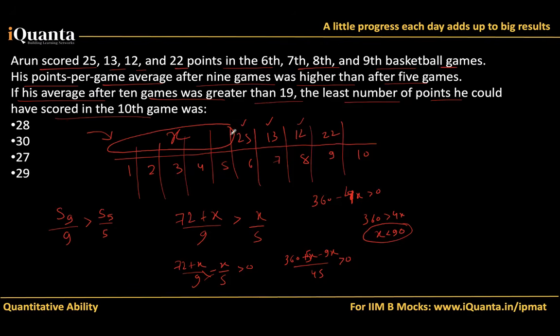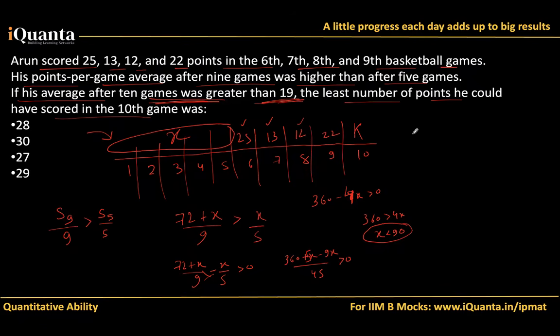We have to find out, if his average after 10 games was greater than 19, the least number of points he could have scored in the 10th game. Let's say in the 10th game he scored K. Okay. So we know the sum of points in the initial 5 games is less than 90.